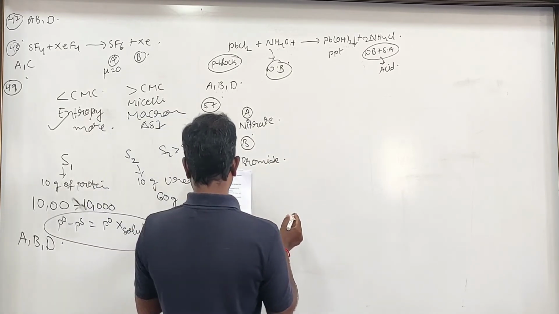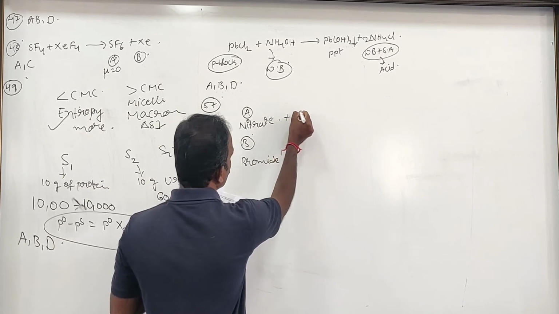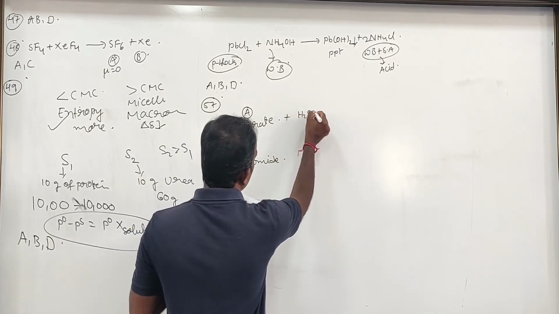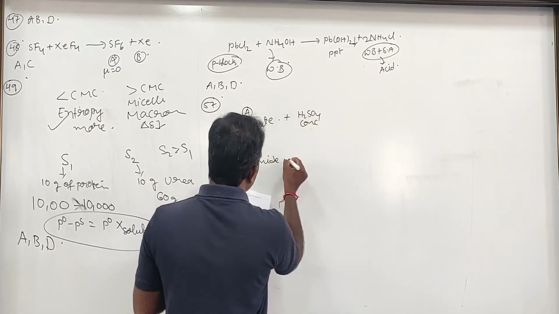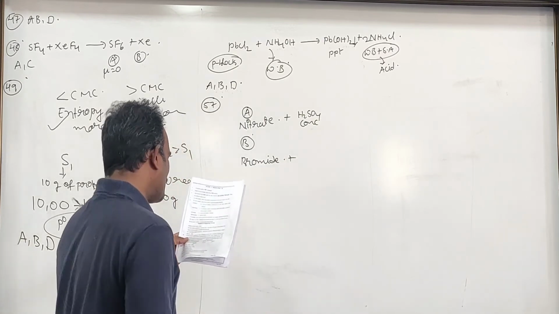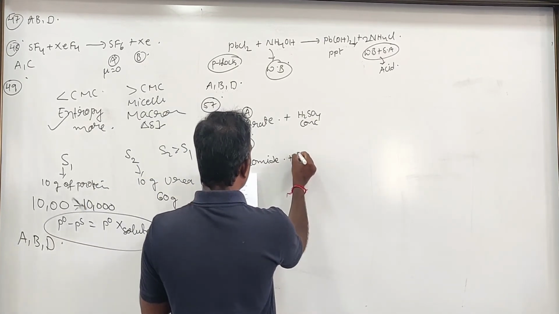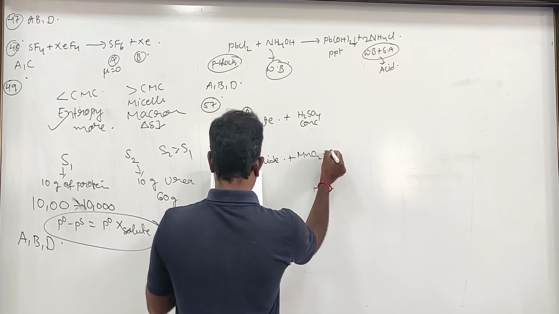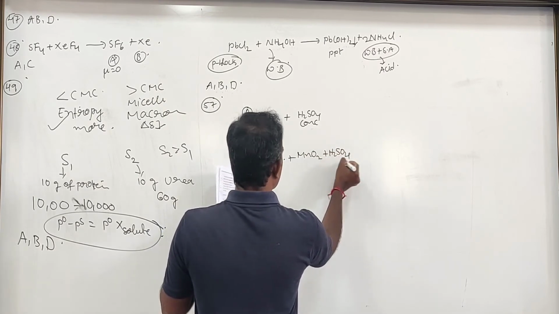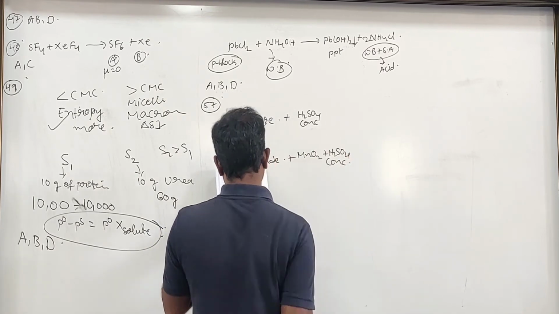A is treated with concentrated H2SO4. B is treated with MnO2 and concentrated H2SO4.